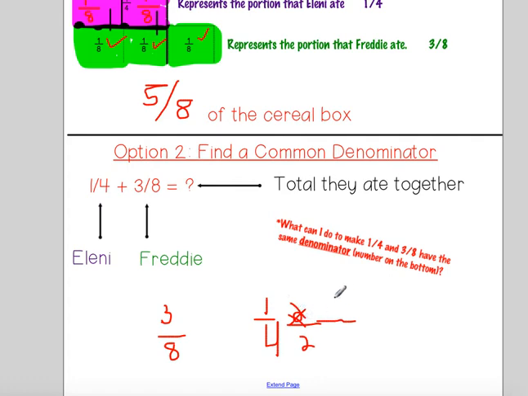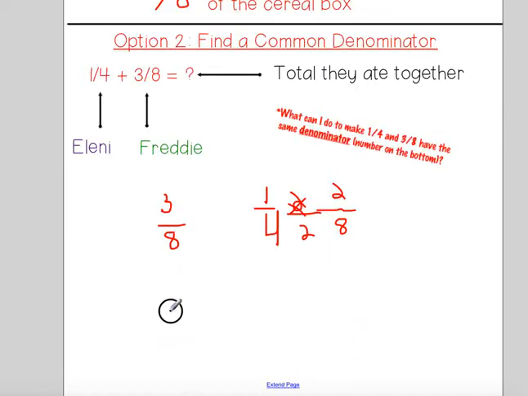So 2 times 1 is 2. 4 times 2 is 8. And now I have a new fraction that I can add together. So I have 2/8 plus 3/8 gives me 5/8.